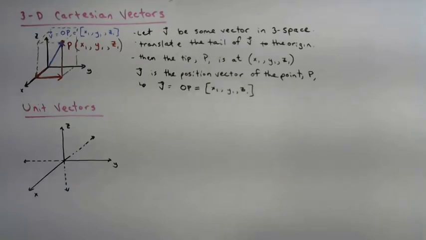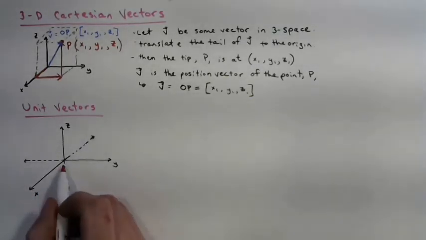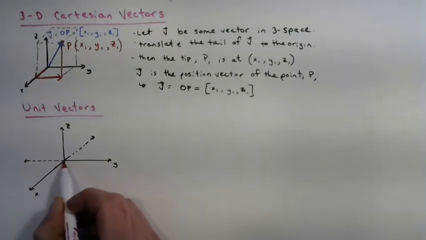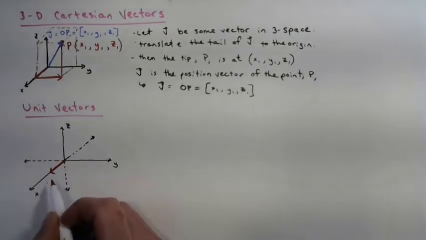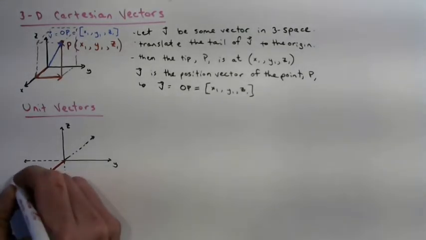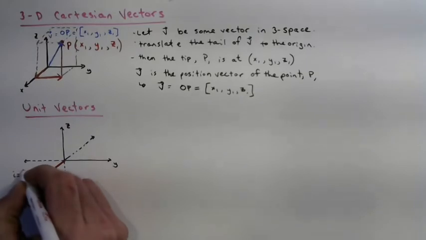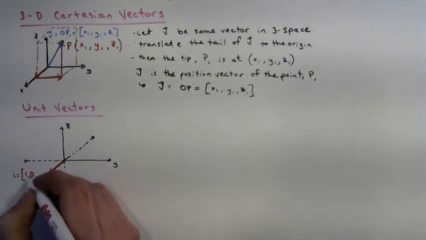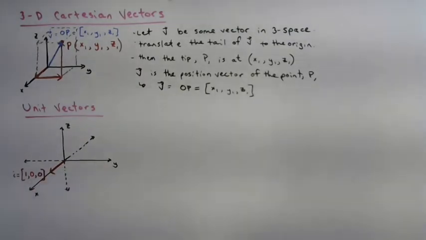Also, just like in 2D space, we could talk about the unit vectors. We can do the same thing in 3 dimensions. So now, instead of having just the unit vectors i and j, we also have the unit vector k. All right, so the unit vector in the positive x direction, 1 unit long, right here, is represented by the letter i. And i is 1 unit in the x direction, 0 in the y direction, and 0 in the z direction.